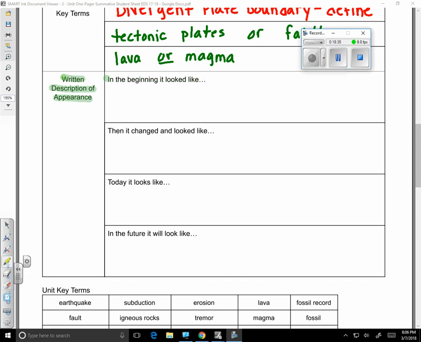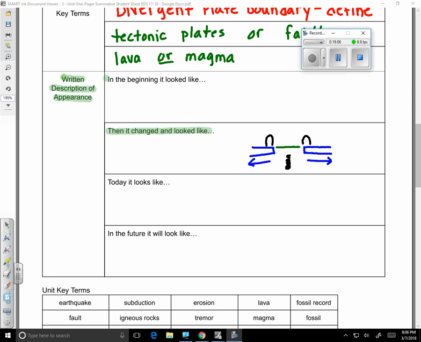Then it changed and looked like. So remember, you have 2 plates and they're separating. And over time they get farther and farther apart. And over time with that magma coming up, it creates larger mountains, right? And it also causes there to be a rift valley that is larger than it was before.